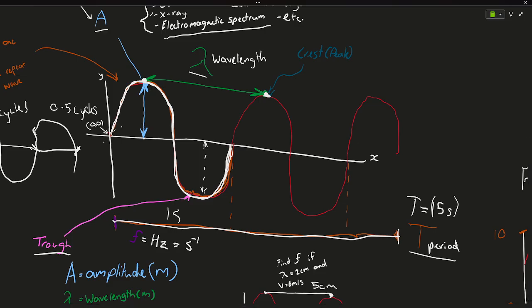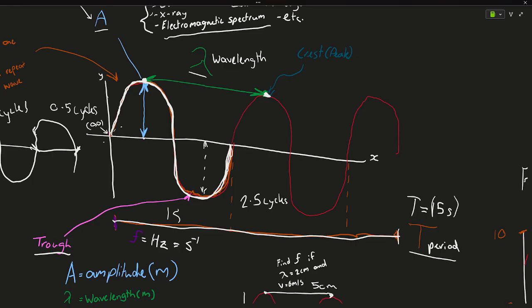A period is the whole duration of the wave. So one cycle could be in that wave. Here we can count. We've got one cycle here, we've got two cycles, and we've got half a cycle. So we have 2.5 cycles.